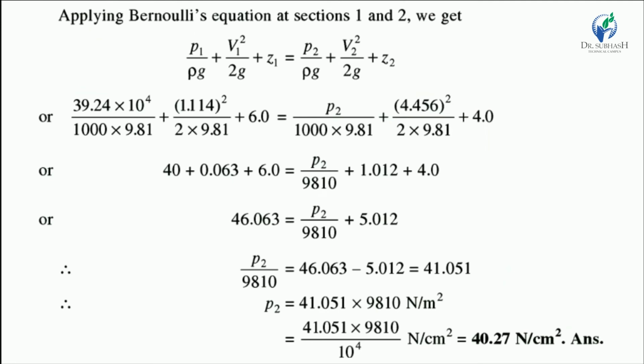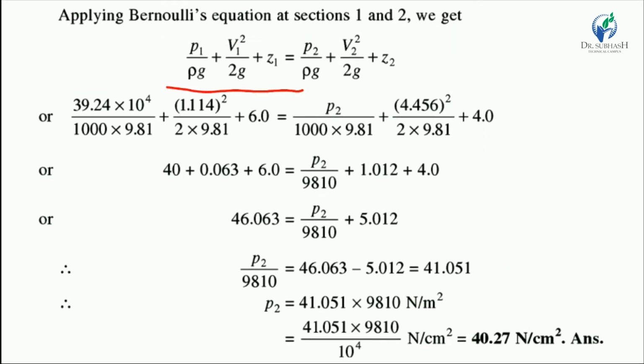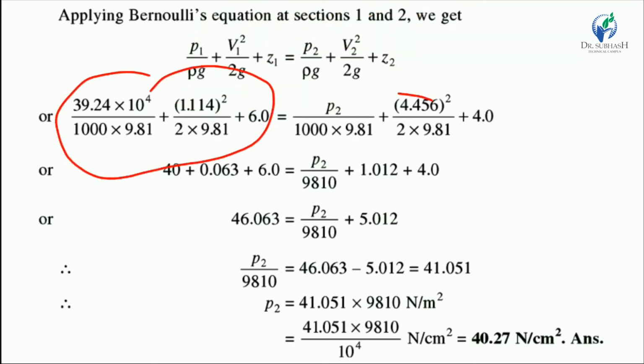Now we apply Bernoulli's equation at section 1 and section 2: pressure energy, kinetic energy and potential energy at section 1, and similarly pressure, kinetic and potential energy at section 2. Now put all the values in all elements of the equation.